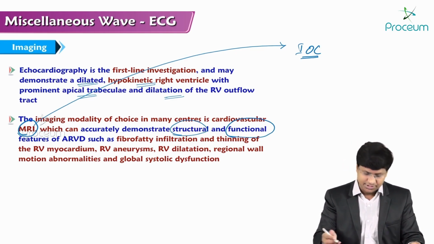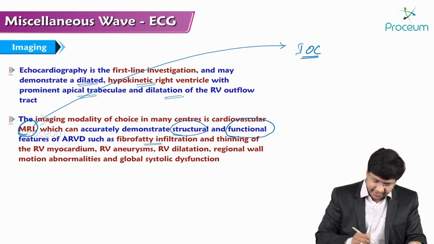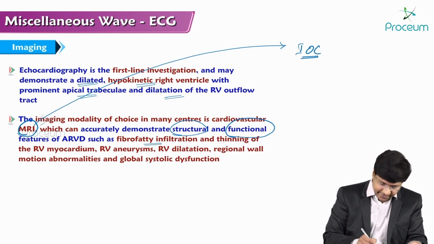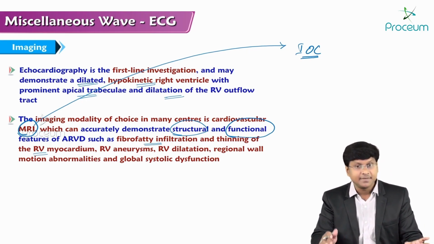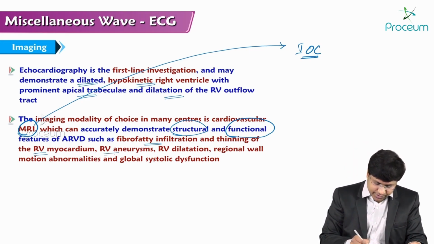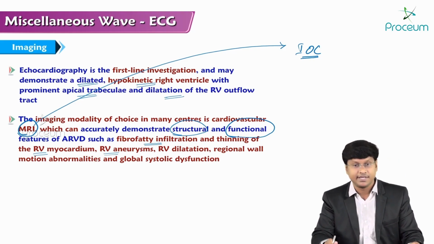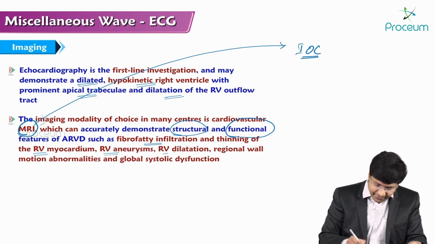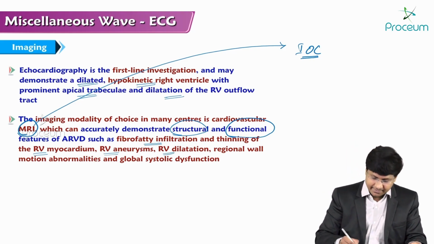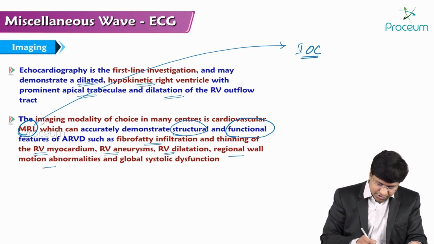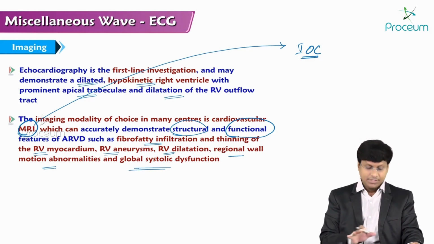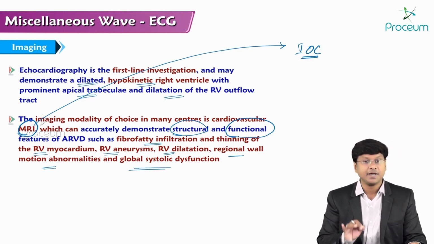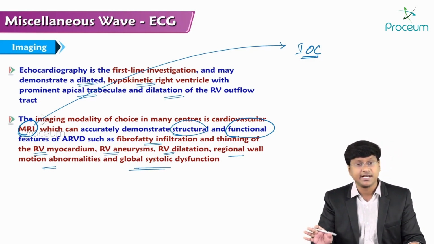The structural changes include the fibrofatty infiltration, and there will be thinning of the right ventricular myocardium. The MRI can also demonstrate the presence of right ventricular aneurysm, right ventricular dilatation, and there can even be regional wall motion abnormality and global systolic dysfunction. So this is about the MRI findings in patients with arrhythmogenic right ventricular dysplasia.